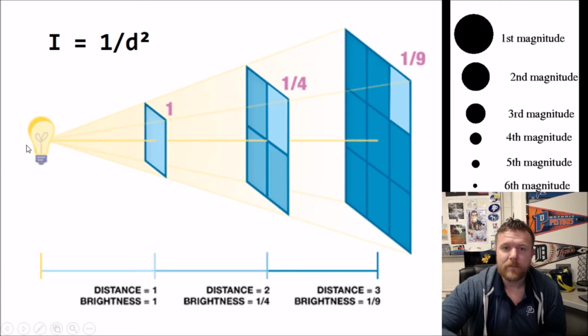This light will appear 9 times brighter if you're standing here versus if you're 3 times farther away. Put another way, if you move back to a distance of 3, it will appear 9 times dimmer. So as you increase the distance from an object, that object is going to appear much dimmer.